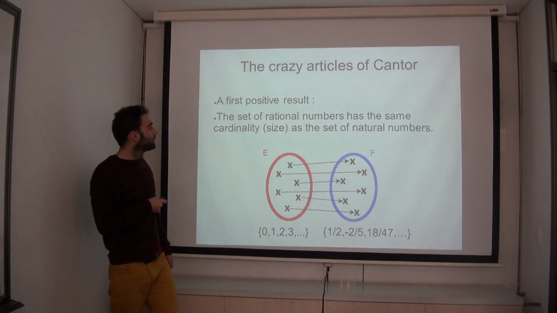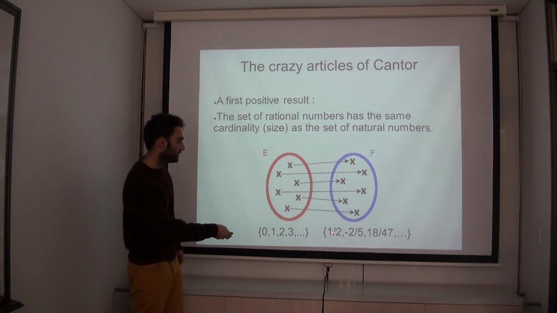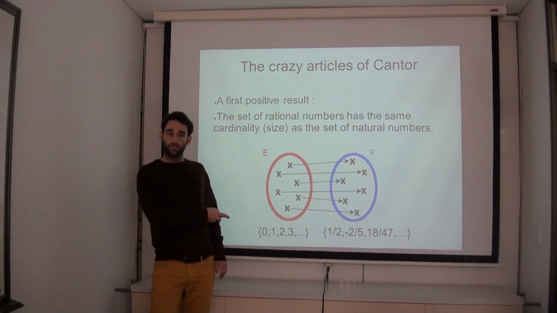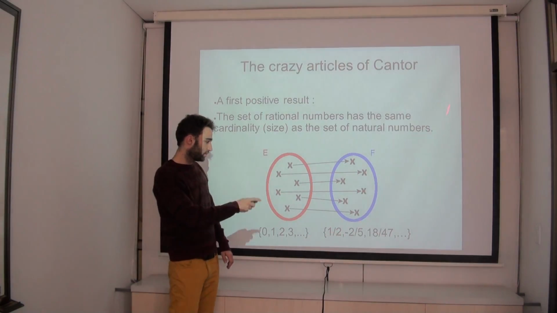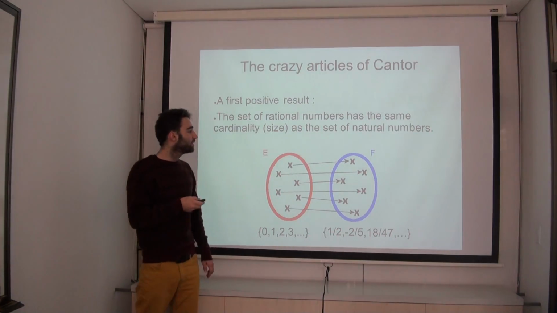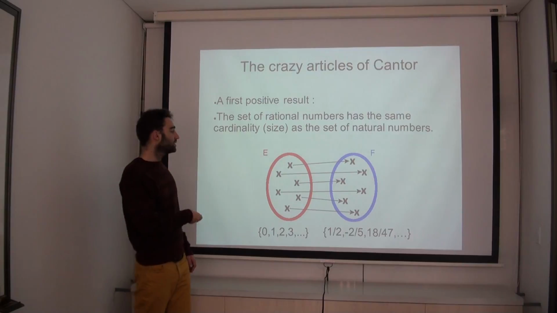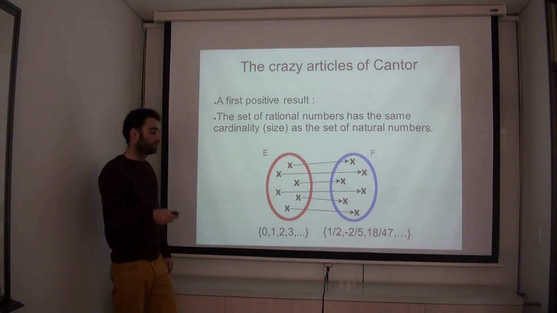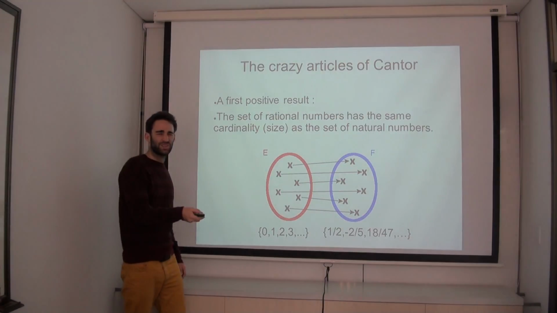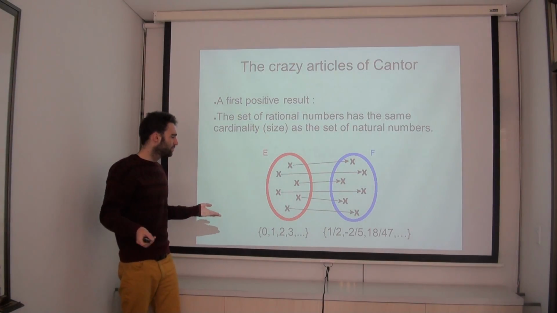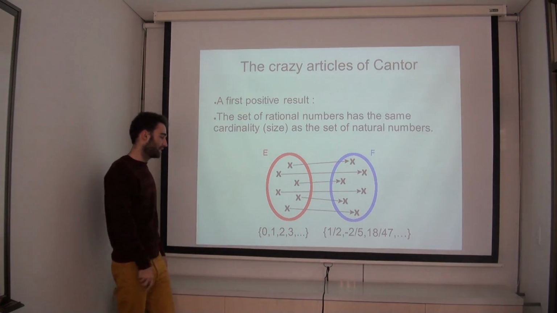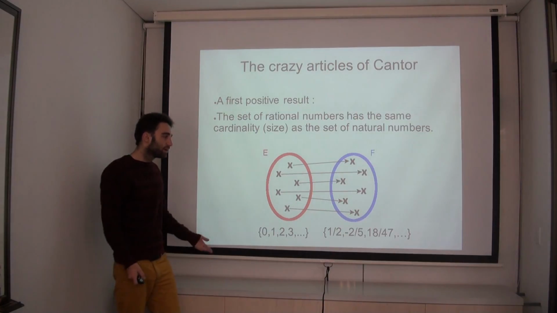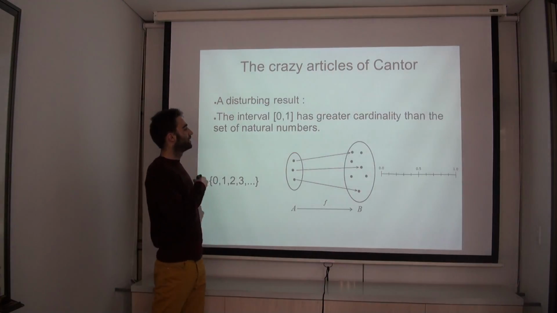That is that the set of rational numbers, this set, all the fractions that you can imagine, like 1/2, minus 2/5, 18/47, is in bijection with the natural numbers, in other words, the same size as 0, 1, 2, 3, 4. So that's a bit strange. It seems that you have a lot of fractions, but you don't have so many natural numbers. But he proved that you did.